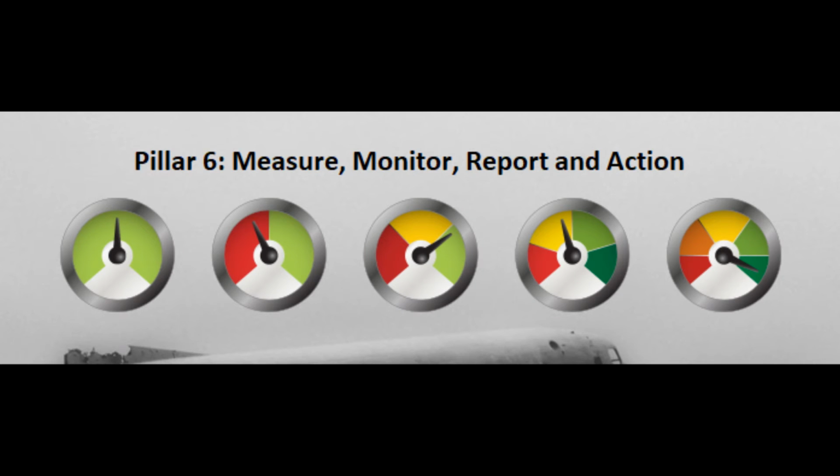Sixth pillar is measure, monitor, report and action. Deployment frequency, vulnerability patch time, automatically checked percentage of code and automated tests per application are some of the most important metrics to track in a DevSecOps environment.